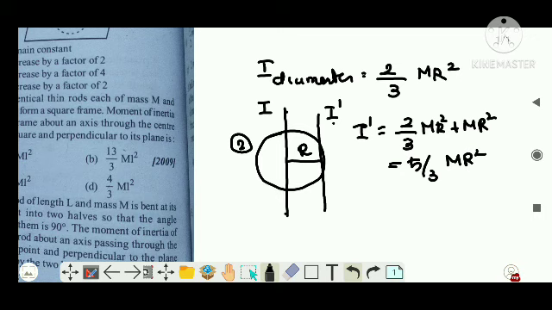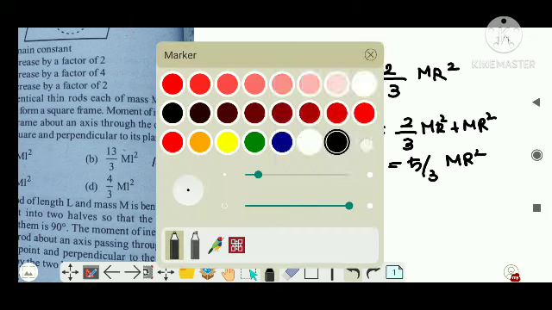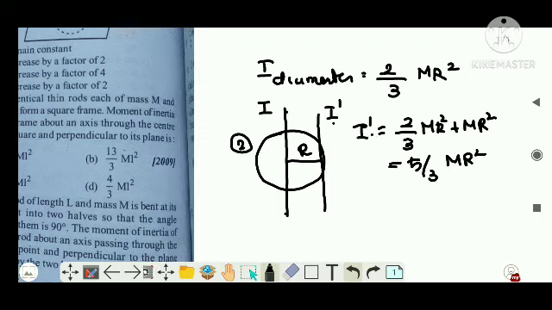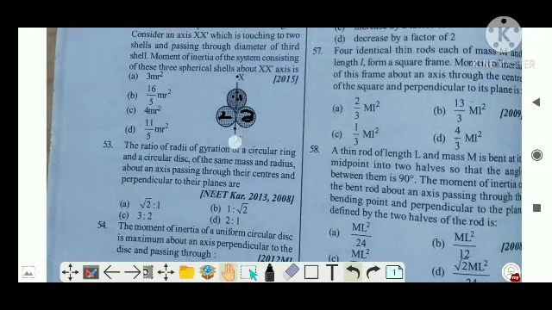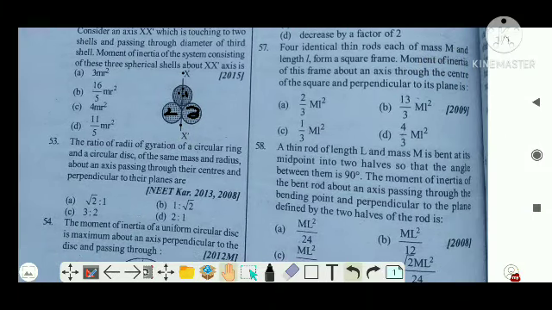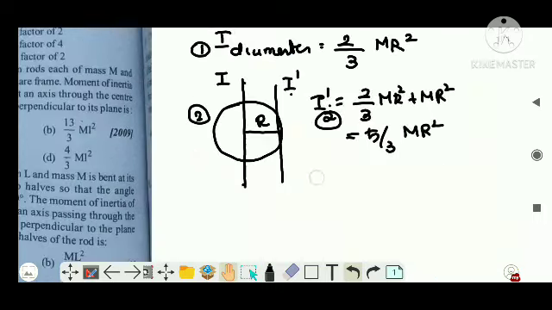This is the moment of inertia of the second shell. Here this is for first shell, this is for second shell. Now obviously the third shell is also having the axis of rotation as its tangent, so I need not calculate it again, right? So it will be 5 by 3 mr squared itself.